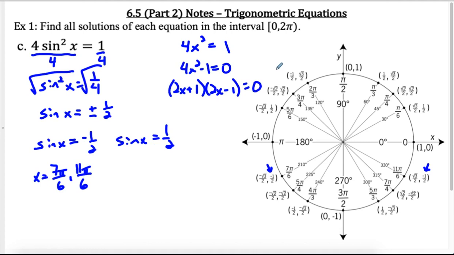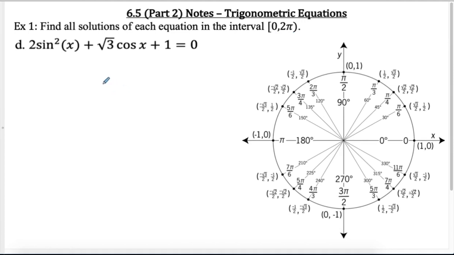And then sine is positive 1/2 here and here at pi over 6 and 5 pi over 6. And yet again, because we're just looking on the interval 0 to 2 pi, I am not including my plus 2 pi n on these values.